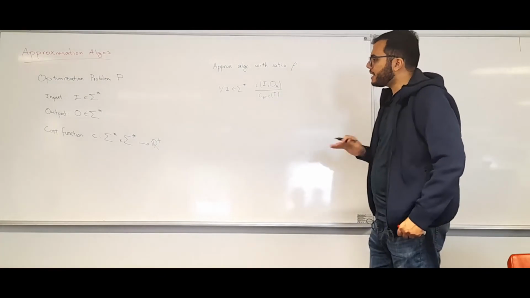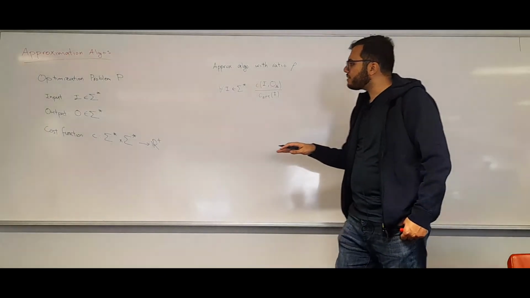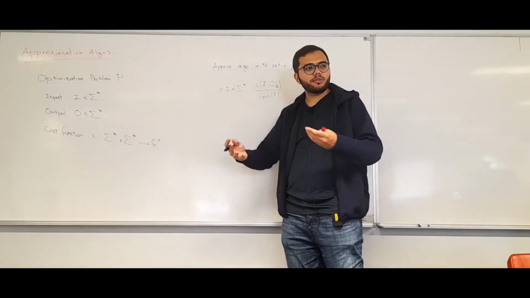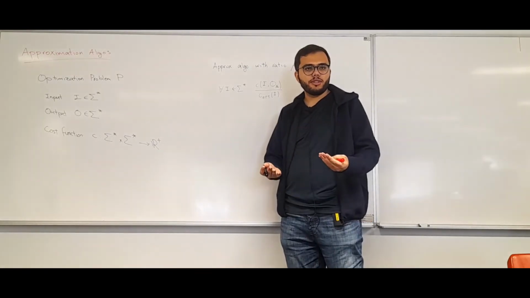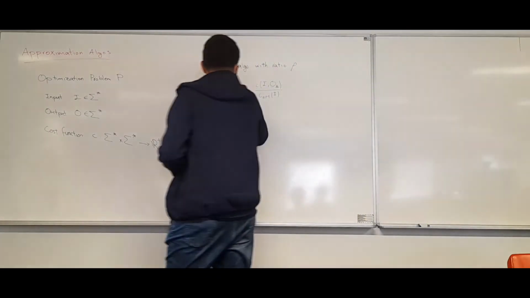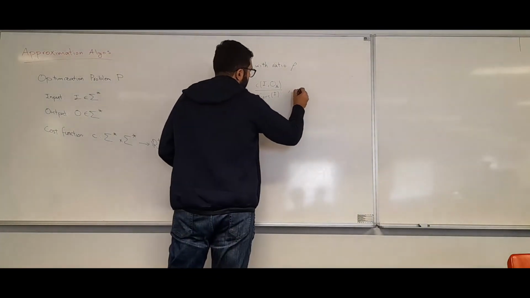Okay, but again, I have this problem that I have both minimization and maximization problems, right? So I want to have a definition that handles both. To do that, I just say, let's take two cases.